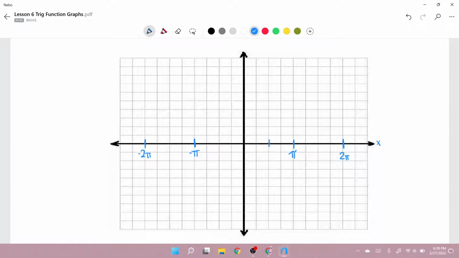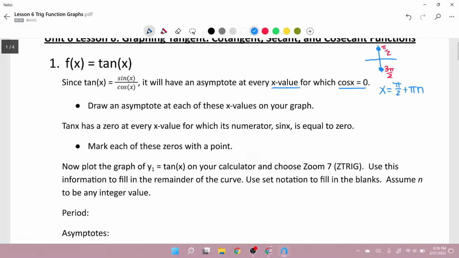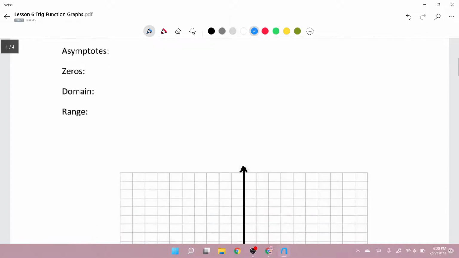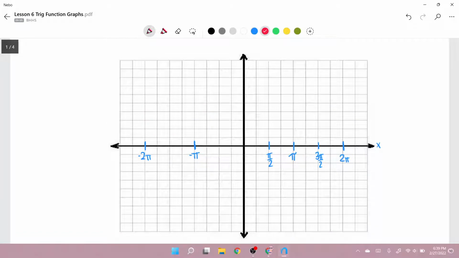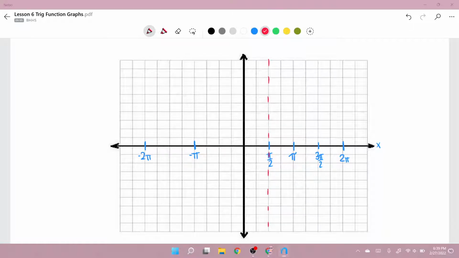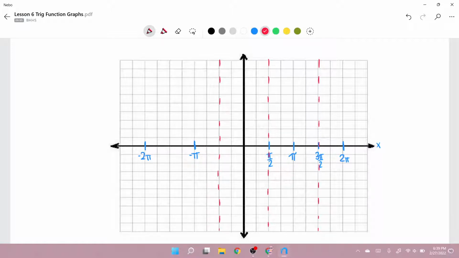And then I'm also going to plot in here pi halves and 3 pi halves, because our cosine of x is 0 where our x is 0, so our asymptotes will be at every pi halves plus pi interval. So pi halves, 3 pi halves, then also negative pi halves, and negative 3 pi halves.